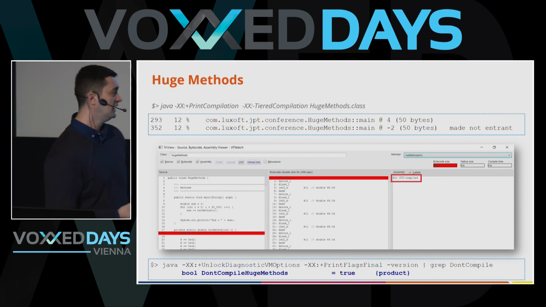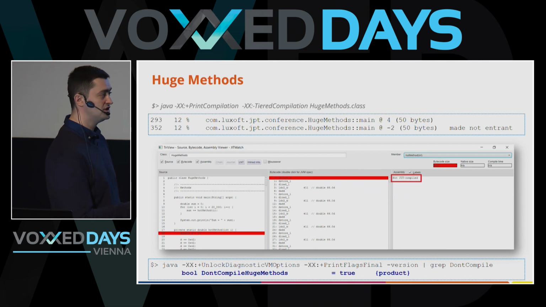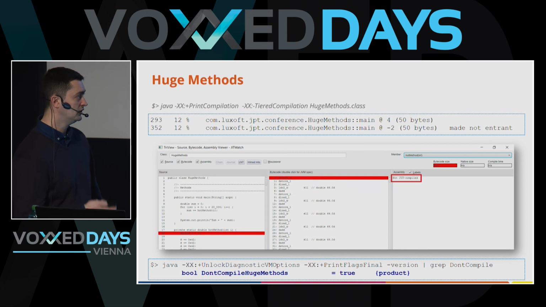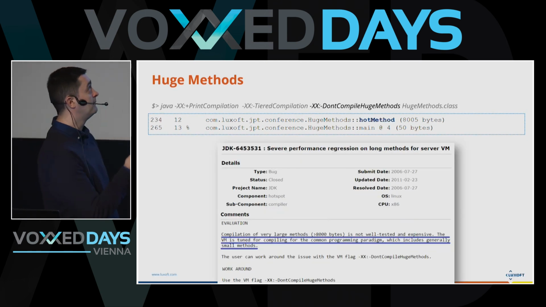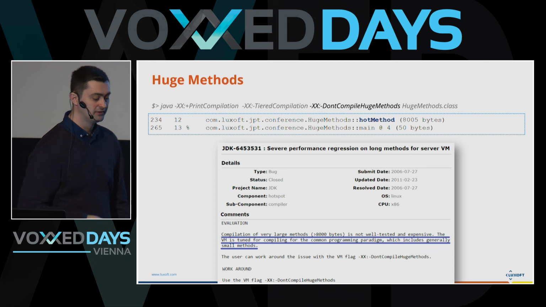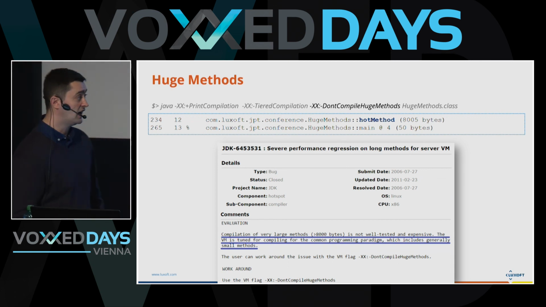Because there is a flag inside the machine which says don't compile huge methods, which is enabled implicitly to true. But what is a huge method? There is also a task for the OpenJDK. A huge method is mainly a method that has more than 8,000 bytes.